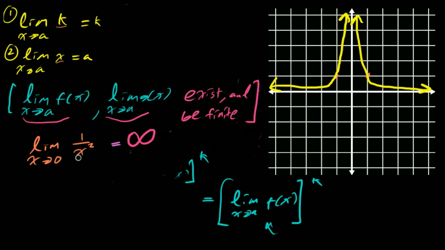If we looked at x as being 1/1,000,000th, the value of the function at that point is a million squared. So you can see that the closer we get to 0, the more this function is just going to grow. It's never going to approach any definite value.